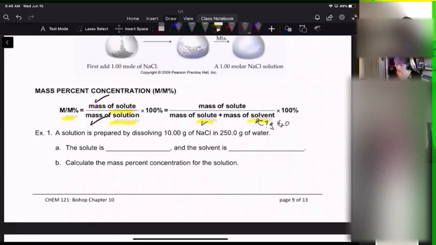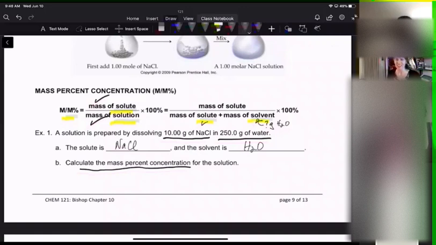All right, so if we're going to dissolve 10 grams of sodium chloride in 250 grams of water, let's calculate the mass percent concentration. So which one is the solute and which one is the solvent? The water is the solvent. So we're going to take 10 grams of NaCl, the solute, and what do we put in the bottom?